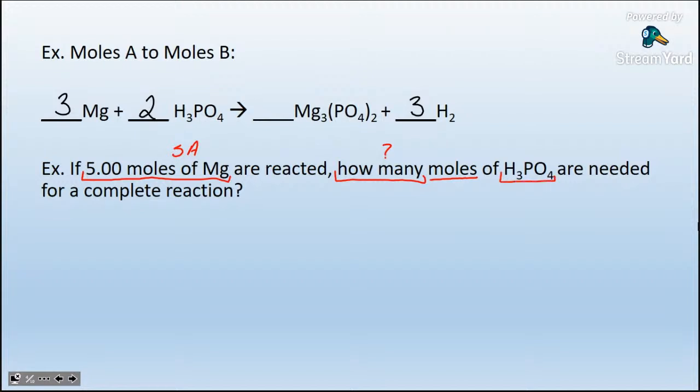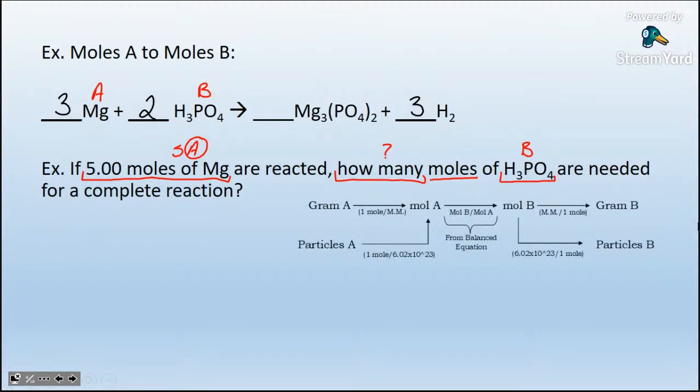So what I do is my starting amount, I call that substance A. What I'm trying to find, in this case H3PO4, that is my substance B. And I label those within the balanced equation, because when we go to look at the ratio of moles, it's going to be important that we know from the balanced equation what is substance A, what is substance B.